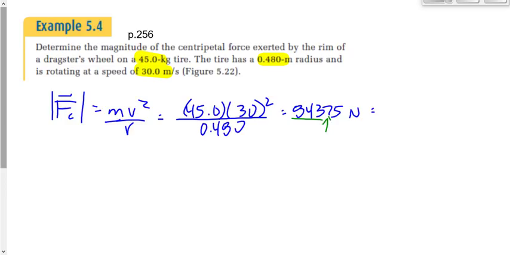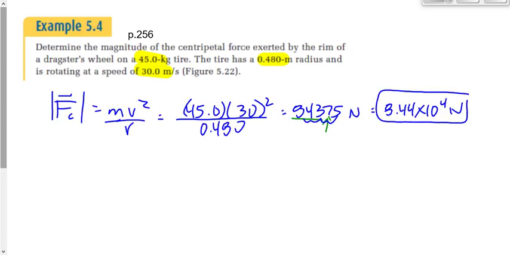My fourth digit is 5 or greater, so we have to round that up. Instead of being 843, it would be 844. Now, we're going to have to actually put that into scientific notation, because 844 is not our answer, right? 8.44 times 10 to the 4 newtons.